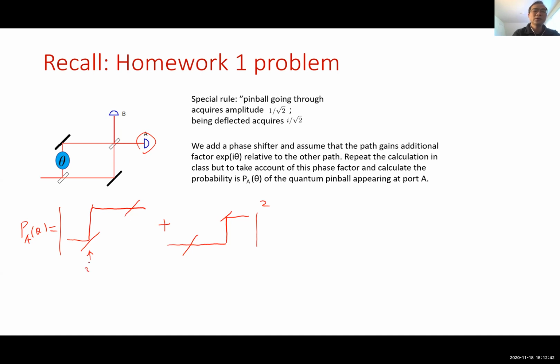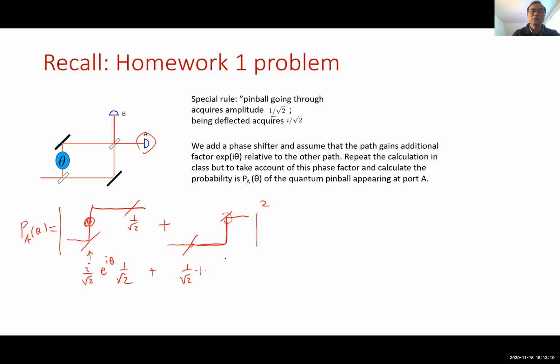So I put i over square root 2. Here I have theta, so I put e to the i theta. Here I have 1 over square root 2 because it's transmitting. And this one here is the reverse. You first transmit; the lower arm does not incur any additional phase, so just put 1.